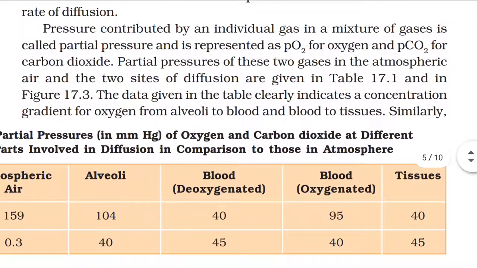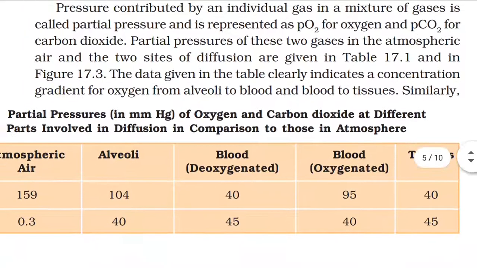The pressure contributed by the individual gases in a mixture of gases is called partial pressure, and is represented by PO2 for oxygen and PCO2 for carbon dioxide. Partial pressures of these two gases in the atmosphere and at the two sites of diffusion are given in the table in figure 17.3.